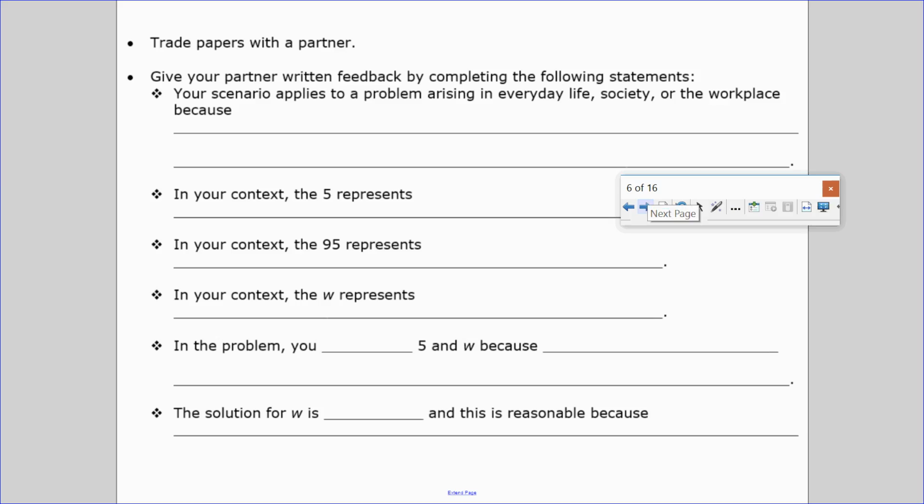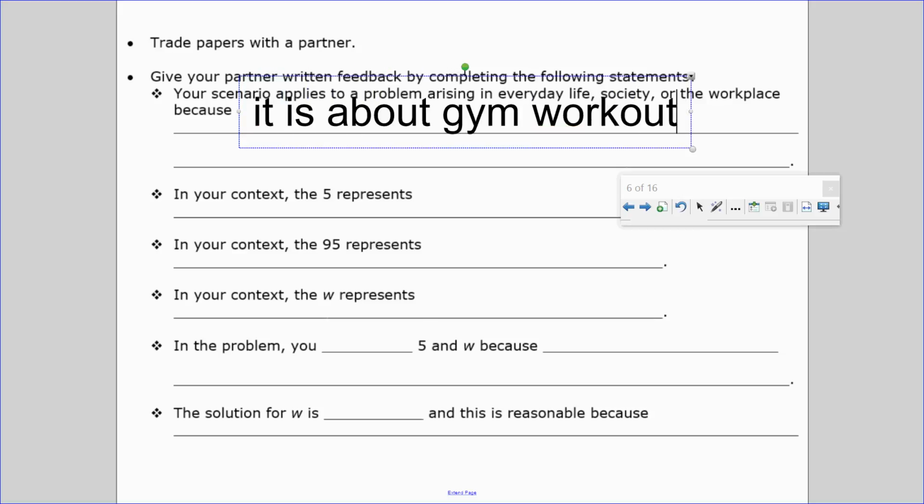Give your partner feedback on what you just did. Trade your paper with a partner. Your scenario applies to a problem arising in everyday life, society, or workplace because it is about a gym workout. If you go to the gym, trainers keep a weekly log of what you can lift.